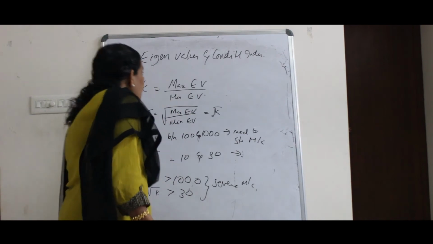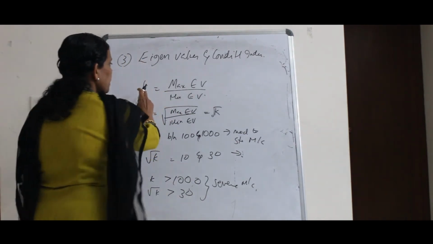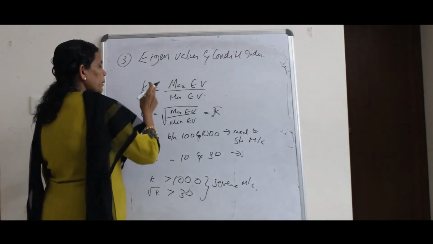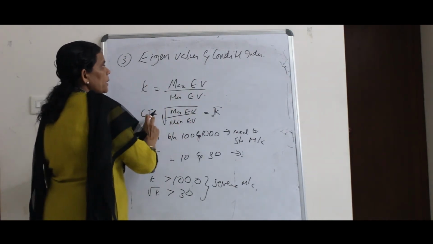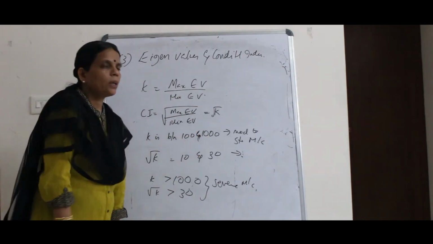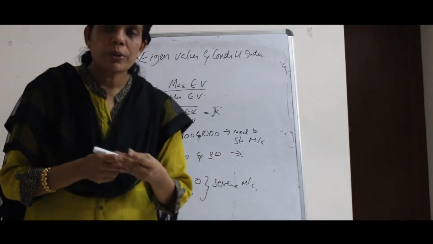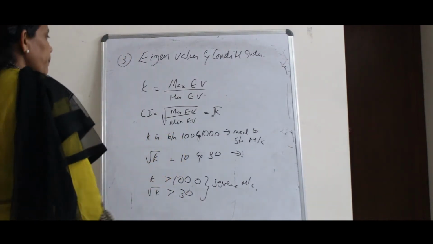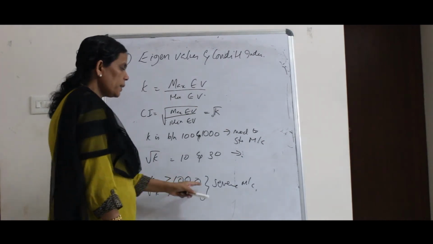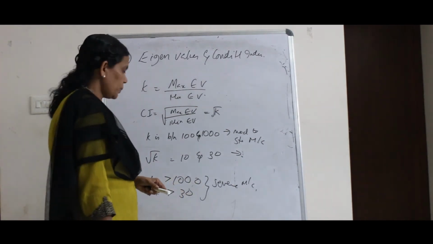K is given by the maximum eigenvalue divided by the minimum eigenvalue, and the square root of k is called the conditional index. If k lies between 100 and 1000, we say there is moderate to strong multicollinearity, and if k is greater than 1000, we say there is severe multicollinearity.